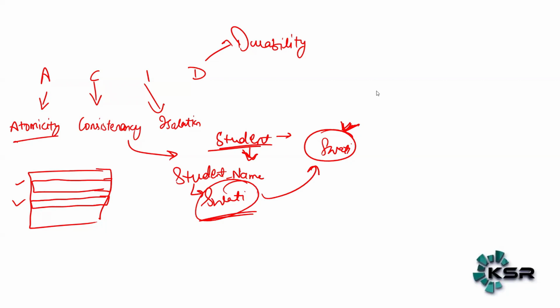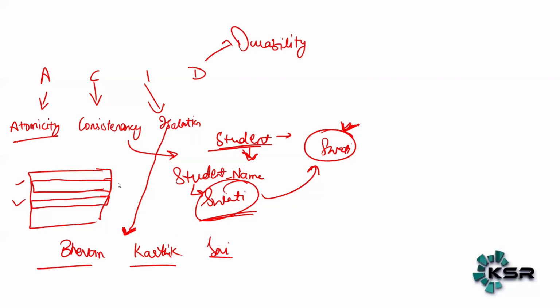Okay, now let's move to isolation. What does isolation say? Suppose two guys are working on this. Suppose Bhuvan, Karthik, and Sai, these three guys are working on the same database table.